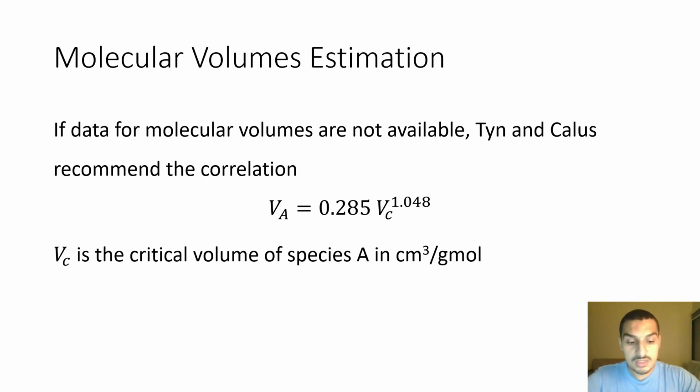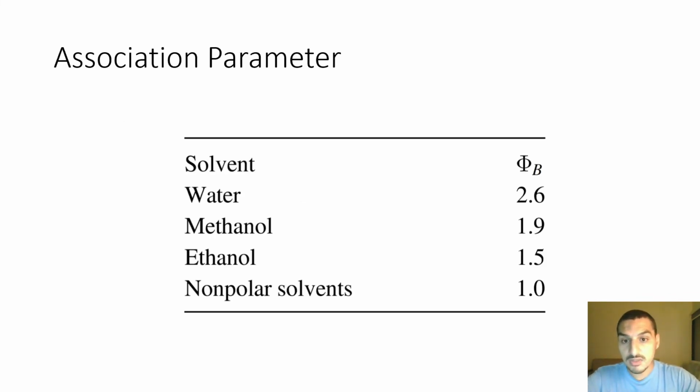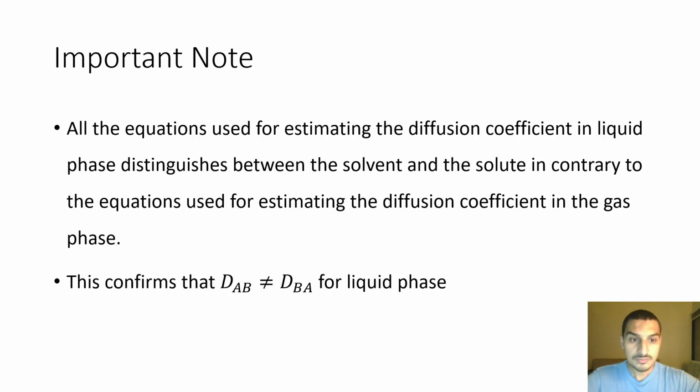Now the last parameter to find is the association parameter, phi b. We know phi b for water is 2.6, for methanol 1.9, ethanol 1.5, and for any nonpolar solvent it's 1. This is all the information that we know about the association parameter right now.